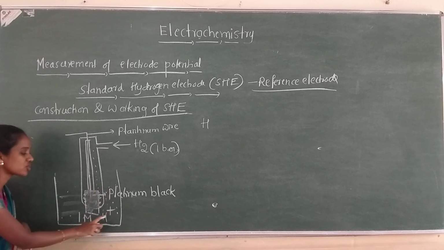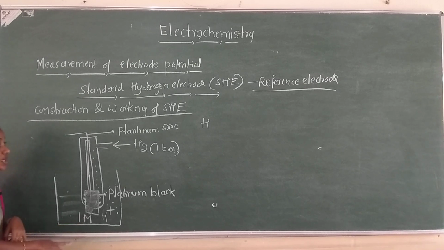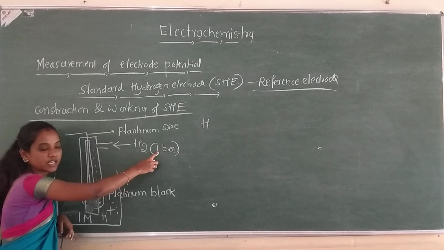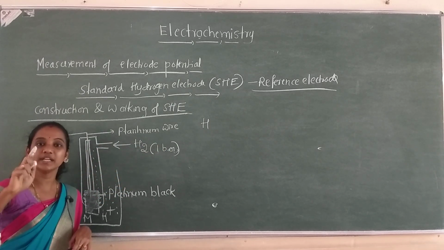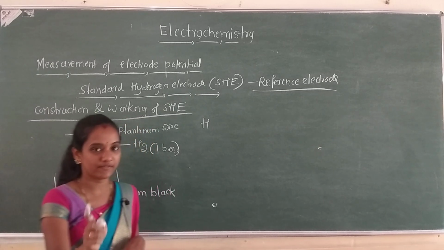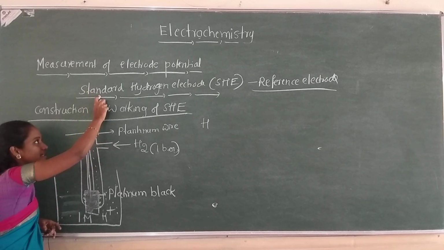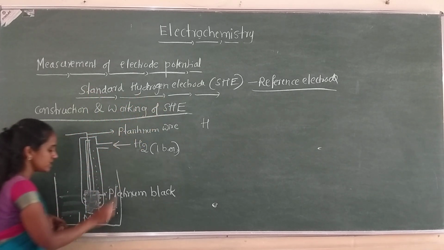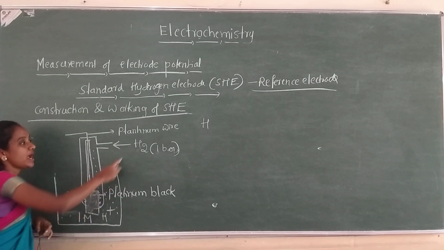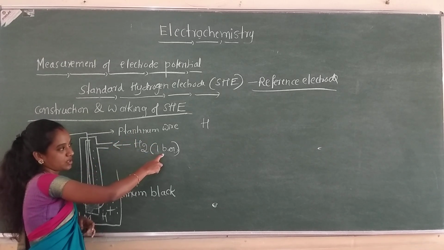The concentration of acid I took here is 1 molar, unit concentration, whereas hydrogen gas is also at unit concentration, 1 bar, and the temperature maintained is the standard temperature, 298 Kelvin. So overall, since it is standard, the word is very important here: in the standard hydrogen electrode the concentration of electrolyte is 1 molar, and the hydrogen gas is at 1 bar pressure.